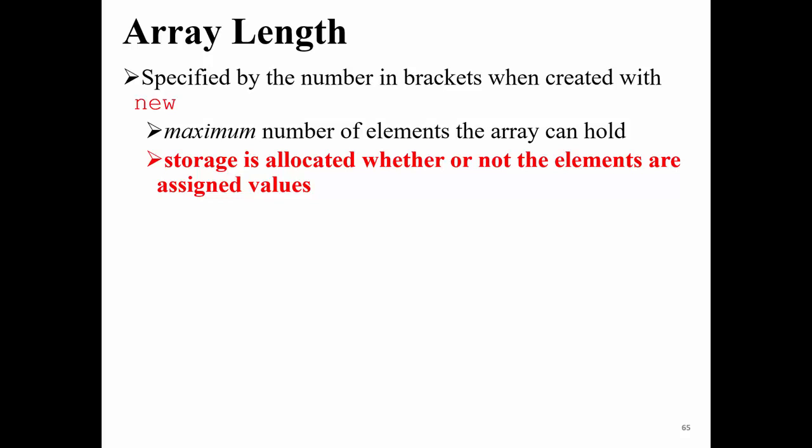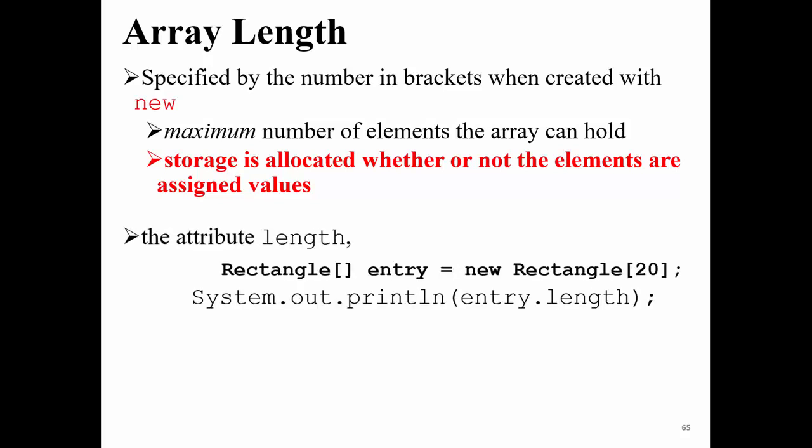If you didn't do this, the compiler will not allow you to create a new int without specifying it; you have to allocate the elements. Okay? Now, whenever you send your array to another method, you can access the length of the array. So once you define the array, the length of the array is attached to it.